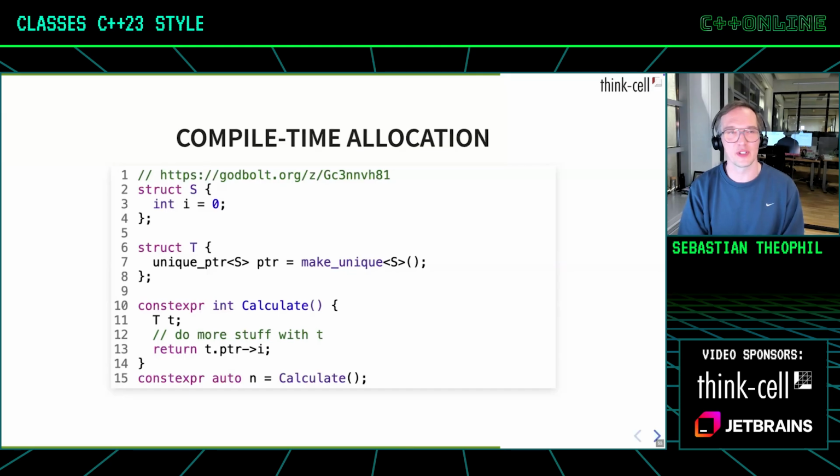And then you've proven that you don't have a memory leak. It's probably better to remove the new and delete, but you can also have a compiler check. So the constexpr allocation was C++20 already. The unique pointer is C++23, and there will also be a placement new operator, which will probably come in C++26 to make constexpr ever more powerful and useful.